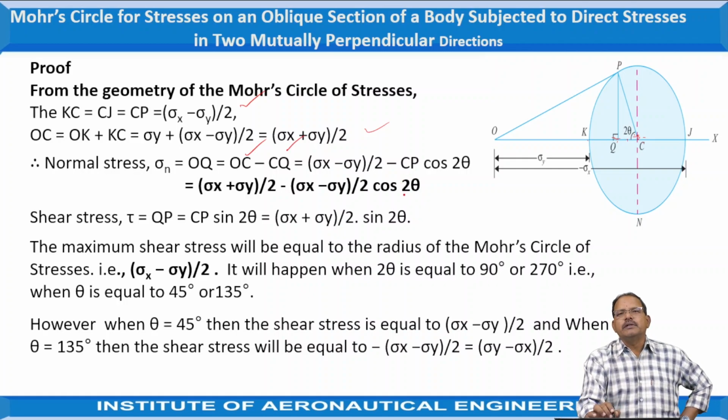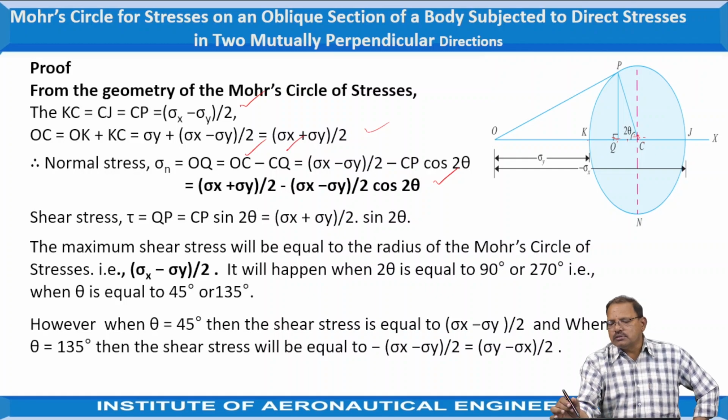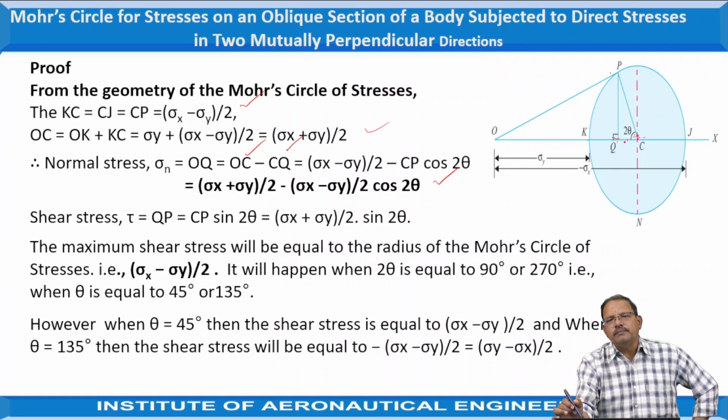CP represents the radius of the circle, which is equal to half of the difference of the direct stresses, that is (sigma x minus sigma y) by 2, into cos 2 theta. This is the same result we already got by using the analytical method. Similarly, the shear stress is PQ.